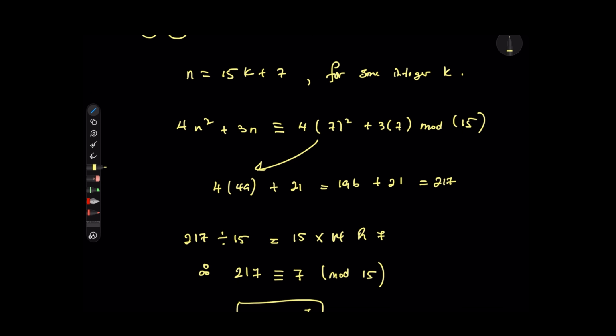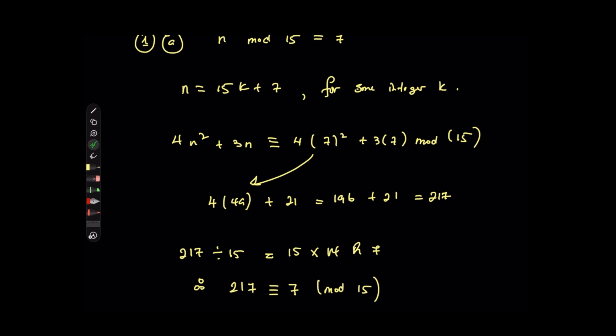Now, what about using this definition here, that n is equal to 15k plus 7? How can I use this definition? Because the problem asks us for the remainder when divided by 15, I can replace n in 4n squared plus 3n with 15k plus 7.